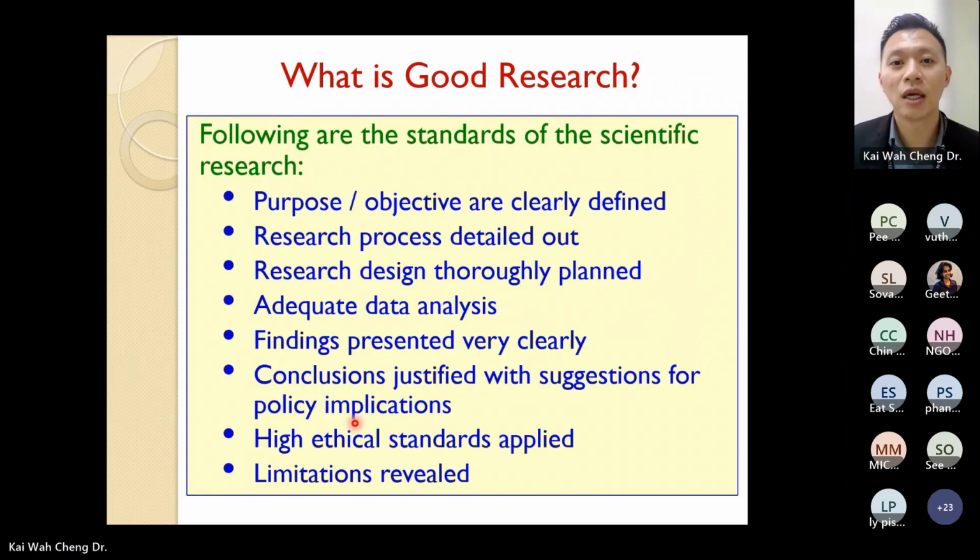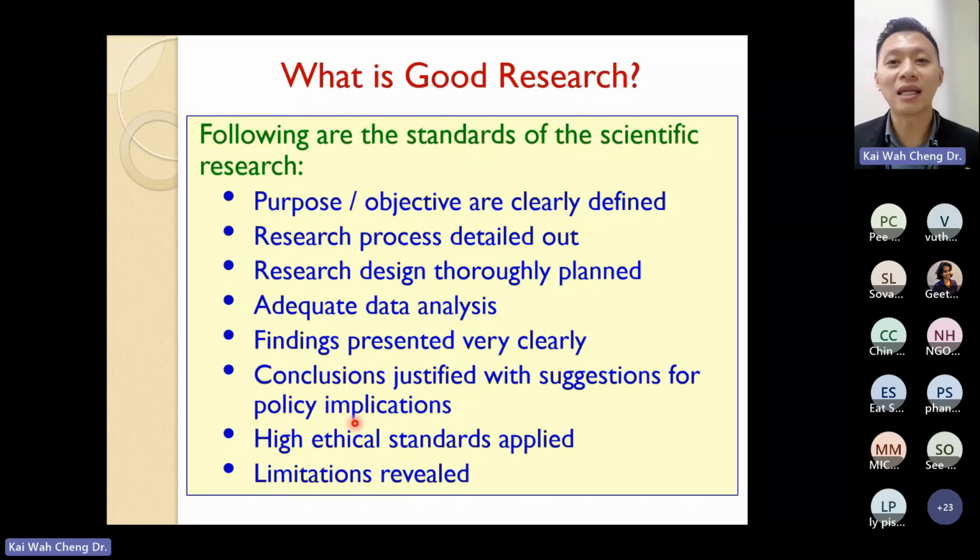So what are the characteristics of a good research? Maybe we can look at the points here in blue color. When we want to conduct a good research, definitely you need to have a very clear purpose. What are your research objectives? You must be very clear with it. And second, the research process.